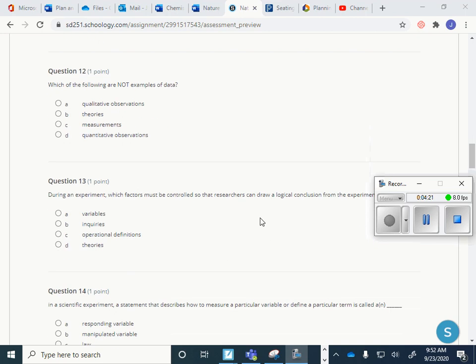Question 12. Which of the following are not examples of data? Either A, qualitative observations, B, theories, C, measurements, or D, quantitative observations.